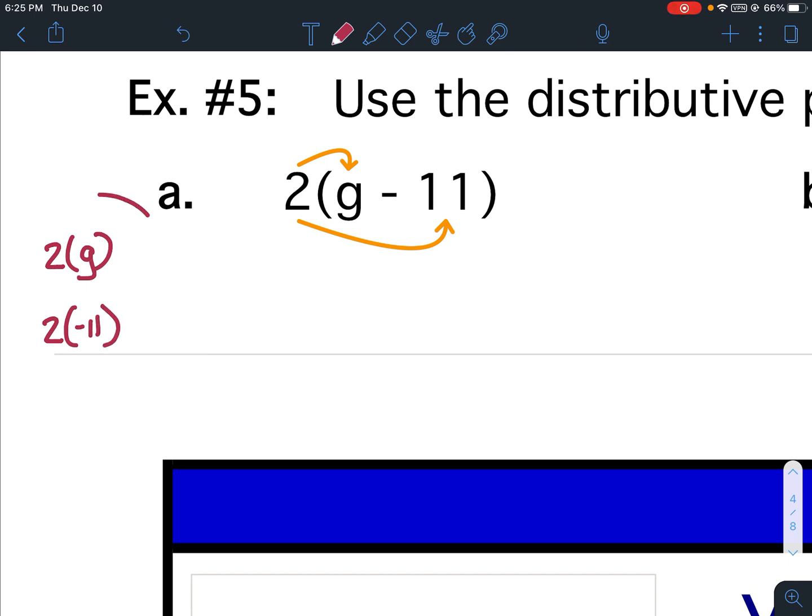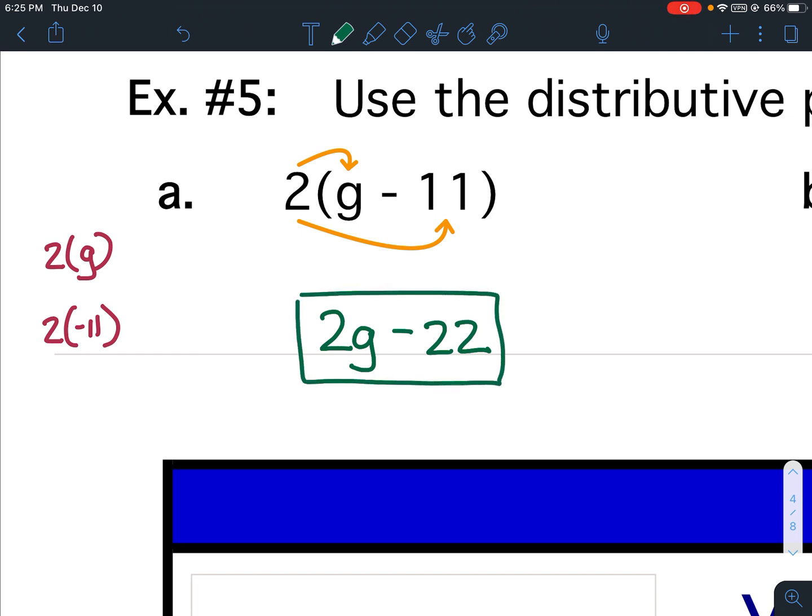This is going to be the only problem where we write this off to the side. All right, so 2 times g is 2g, and 2 times negative 11 is negative 22. And because they're not like terms, that's it, we're done.